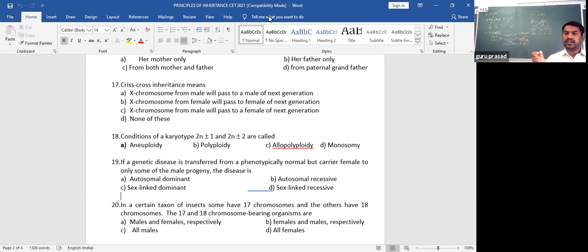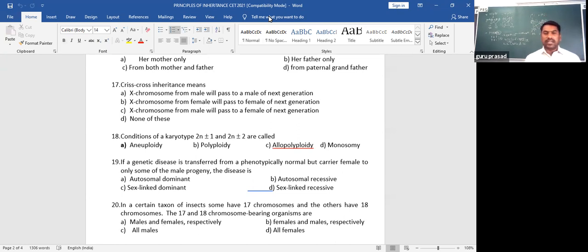Allopolyploidy is from different lines, like black grapes and white grapes; combining these chromosomes is referred to as allopolyploidy. Monosomy is a deletion of one chromosome from the normal diploid state. For example, 2n minus 1, instead of 46 it is going to be 45. Such a condition is called monosomy. The answer for that is aneuploidy.